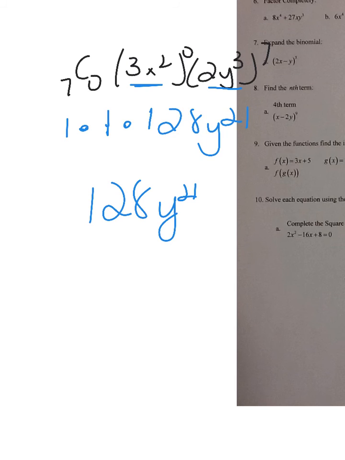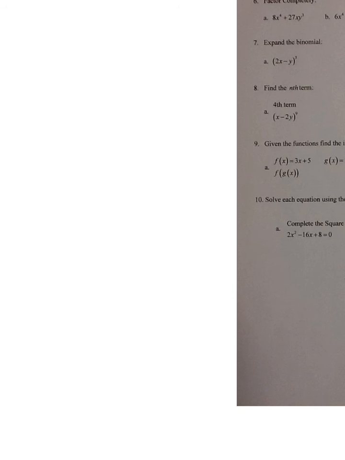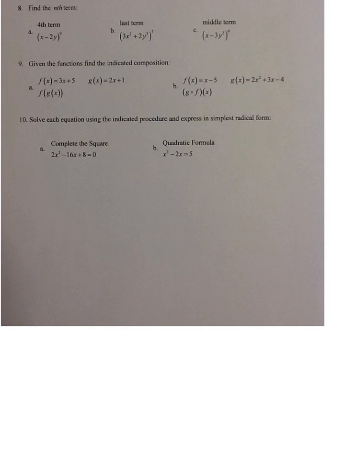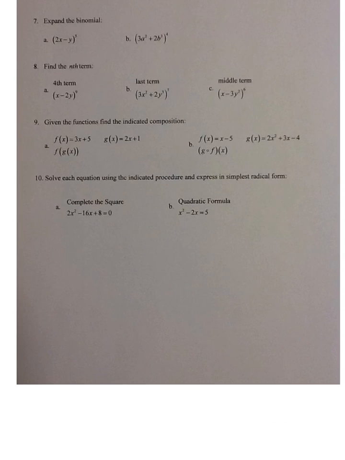Okay, so let's take a look at number 8, letter C. So that is to find the middle term. So I have x to the 6th power. So that goes from 6, 5, 4, 3, 2, 1, 0. So notice there's 7 terms. So my middle term would be this. There's 3 on this side and 3 on this side.